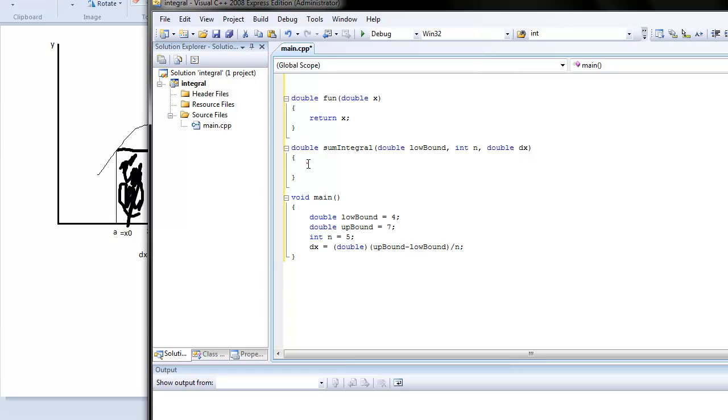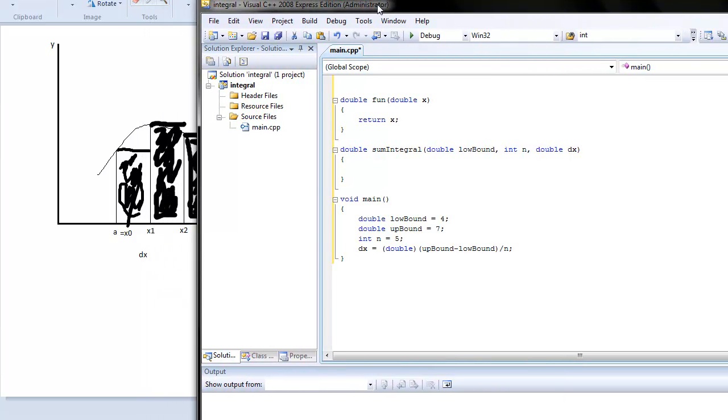Okay, so like I said, we are going to sum the rectangles. So if it is sum, we are going to work with a loop.